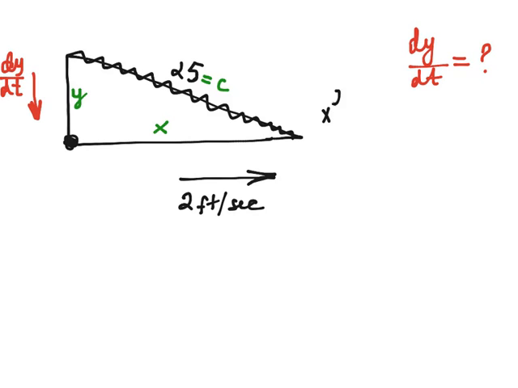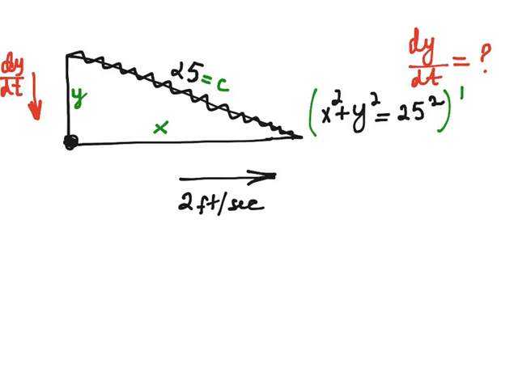So we have x squared plus y squared equals c squared, but I'm going to put 25 squared. Notice that the values of x and y will change as the ladder slides. Now, as I said, the ladder will still be 25 feet long. So let me differentiate both sides now and see what happens.